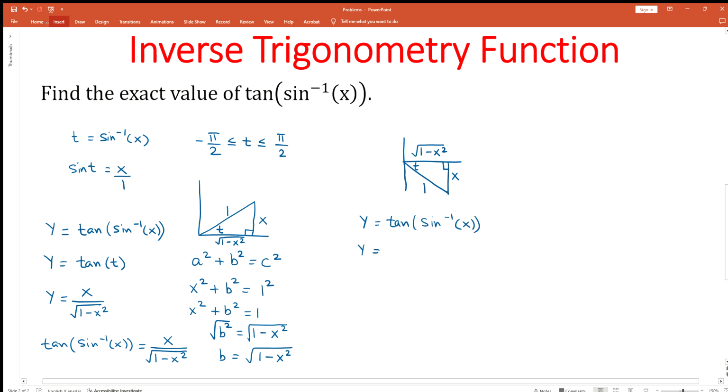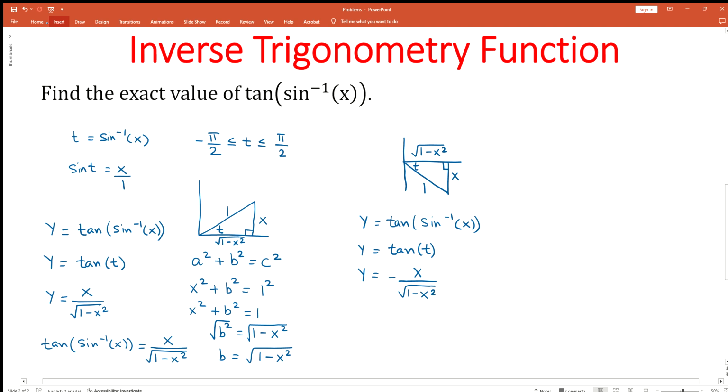We should replace inverse of sine of x with t. We have to find the expression for tan of angle t. In quadrant 4, tan is negative. The formula for tan is opposite over adjacent. So tan t in quadrant 4 will be equal to negative x over square root of 1 minus x squared.